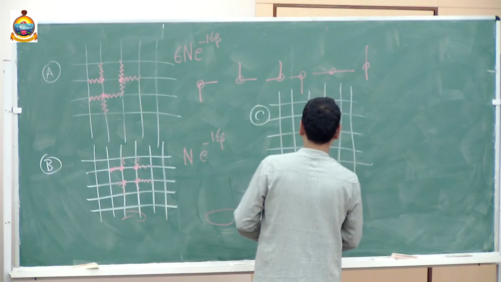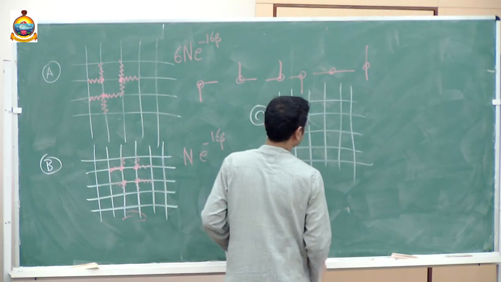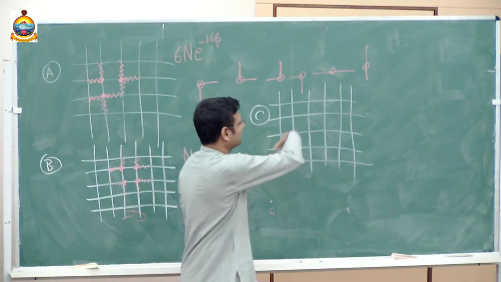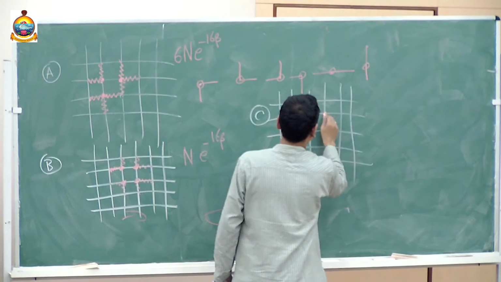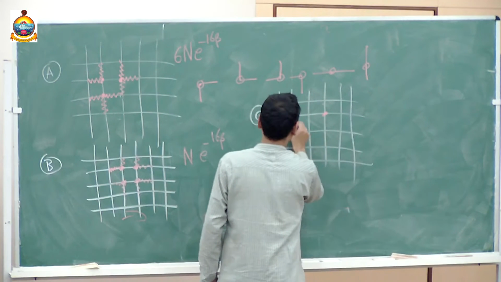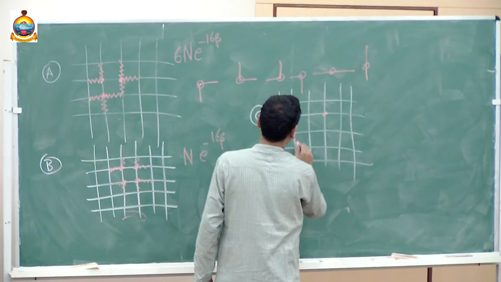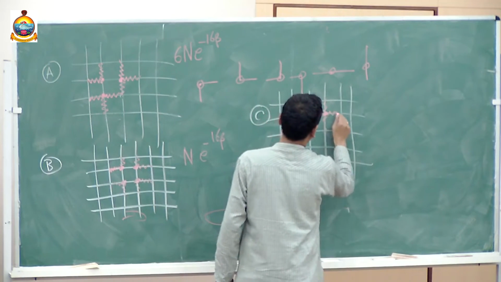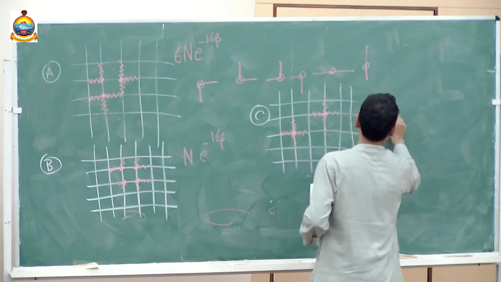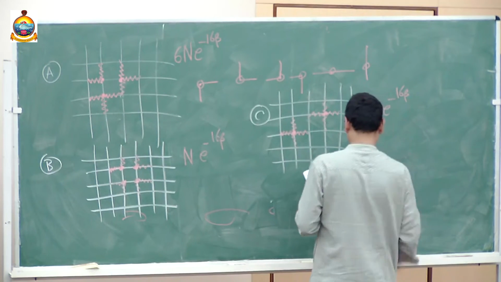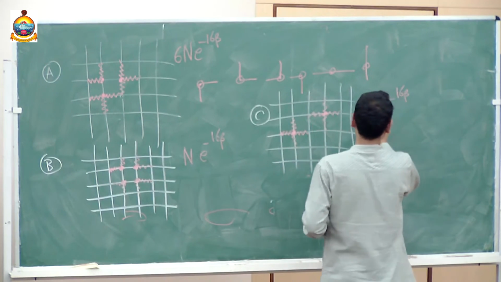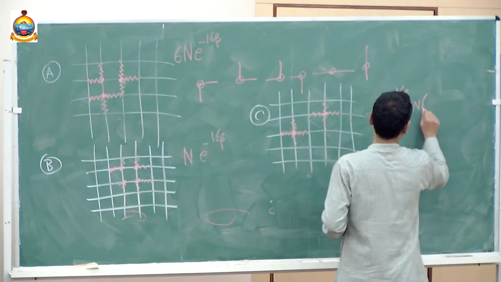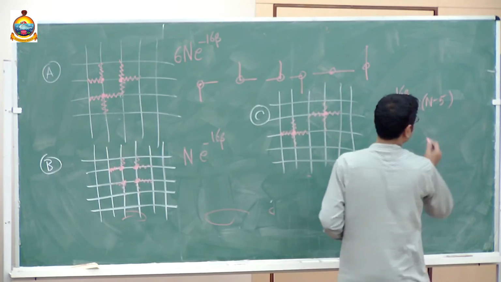So basically, you flip a spin here and you flip another spin anywhere else. So 1, 2, 3, 4, 1, 2, 3, 4. So again, e to the minus 16 beta. But the prefactor here is n times n minus 5.